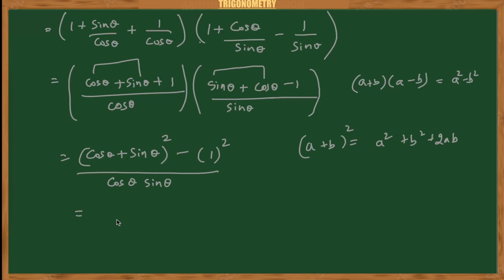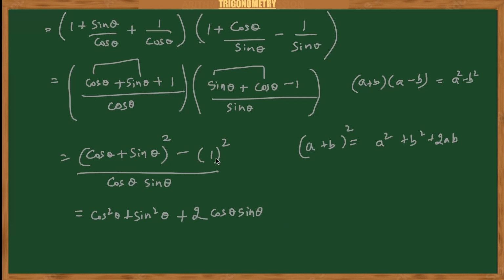So let's put it in this format: cos square theta plus sin square theta, where a is cos and b is sin, plus 2 times cos theta into sin theta based on this formula. We substitute this in the formula.